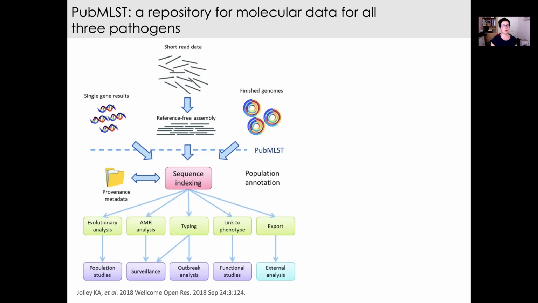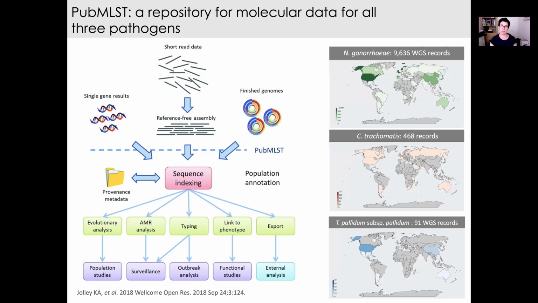PubMLST accepts single gene fragment results or draft whole genome sequence assemblies or indeed finished genomes, then associated isolate provenance metadata, and then allows a population-based annotation of these data, with which you can then perform a number of additional analyses depending on your question and what you're wanting to do.